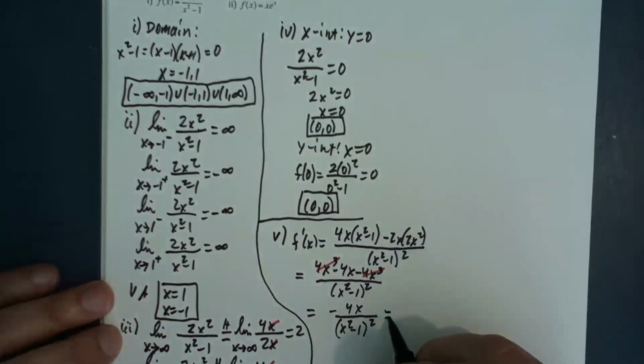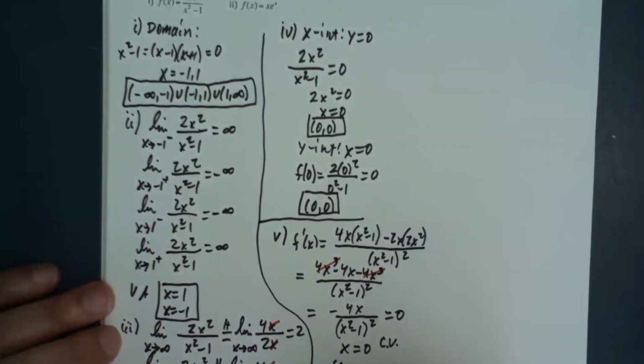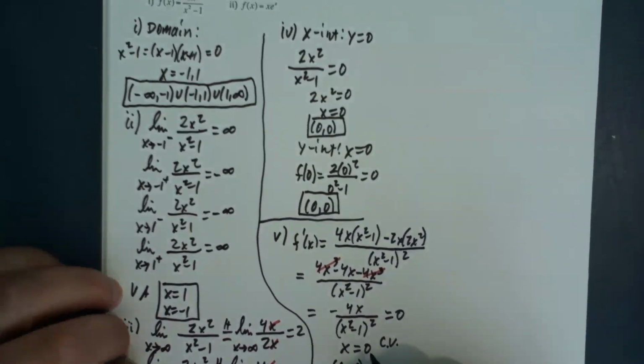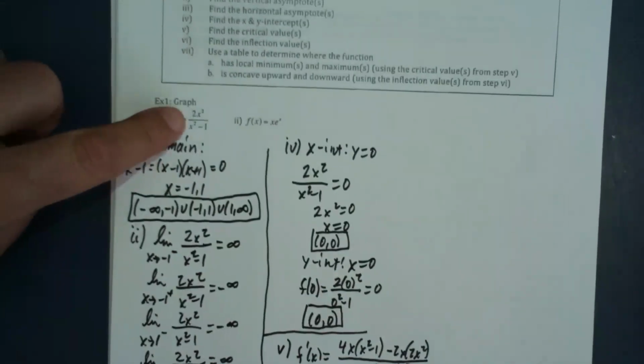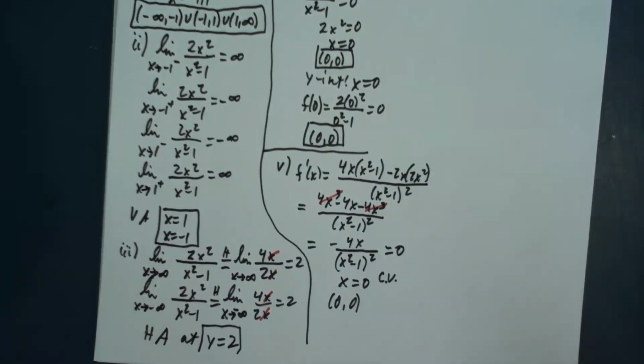And by setting that equal to 0, the denominator goes away and we get, once again, x equals 0. This is our critical value, and our critical point is going to be the point (0, 0). I take that 0 and I plug it back into the original function. So we get a lot going on at the origin for this one here.